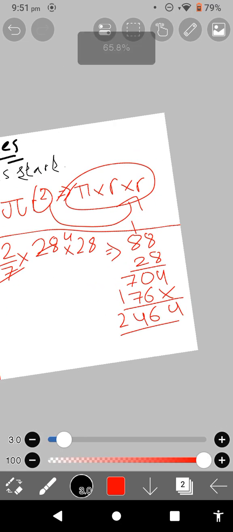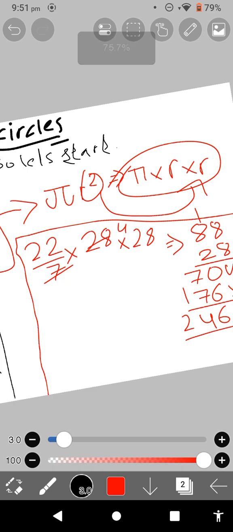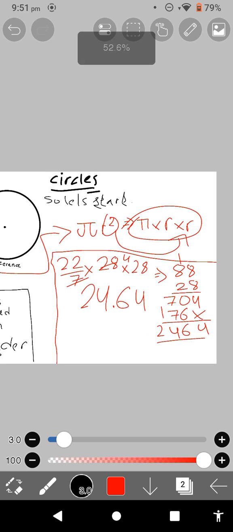That means if it is in centimeters, it will be 24.64 meters.